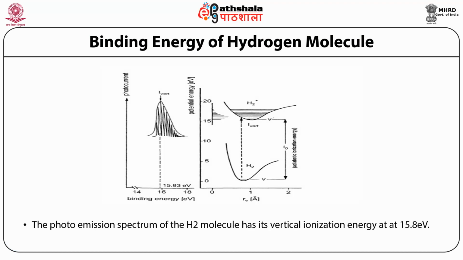This has been illustrated in this slide and makes it very clear what the energy changes are when we move from one sublevel to another sublevel. The photoemission spectrum of the hydrogen molecule has its vertical ionization energy at 15.8 electron volt.